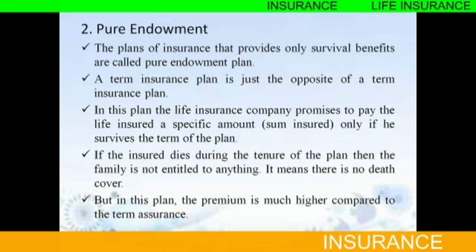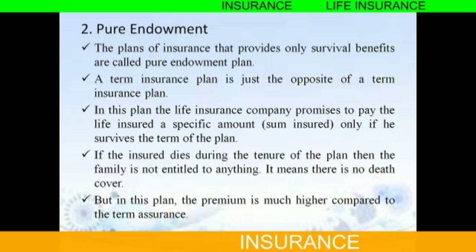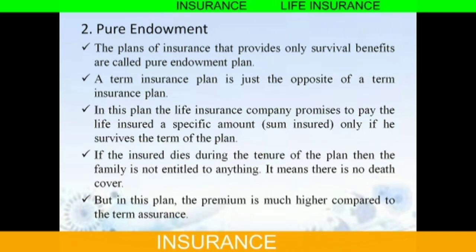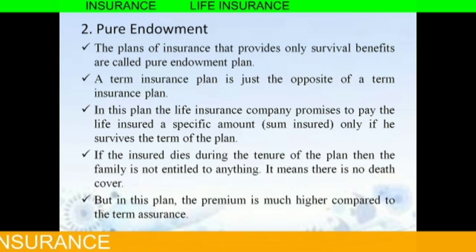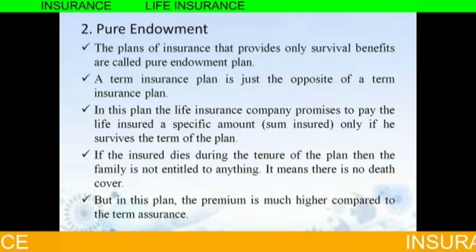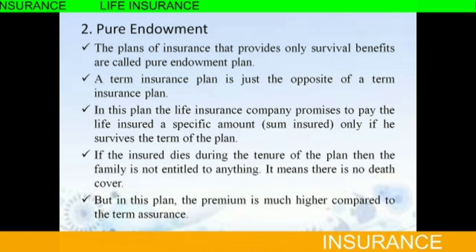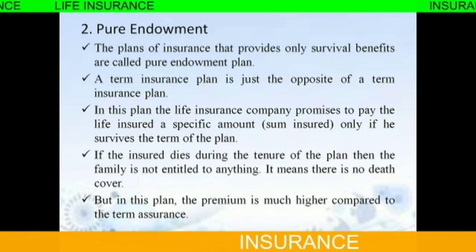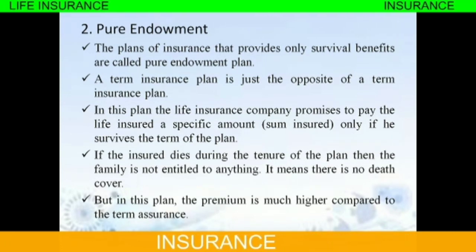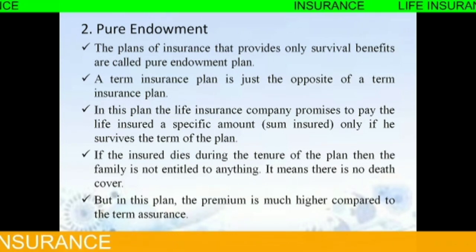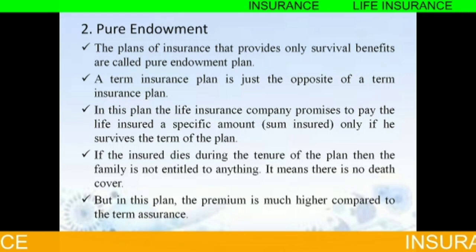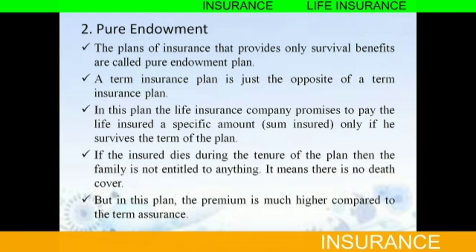And in the case of pure endowment policies, the plan of insurance that provides only survival benefit is called a pure endowment plan. It is totally different from term insurance, just the opposite.